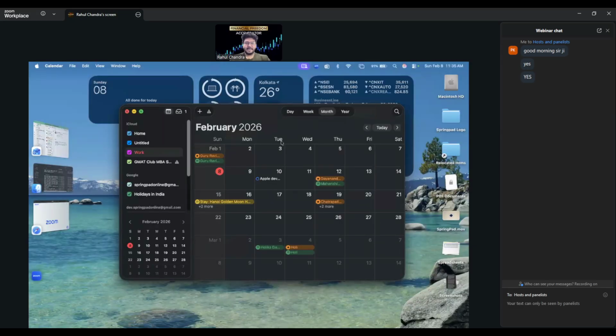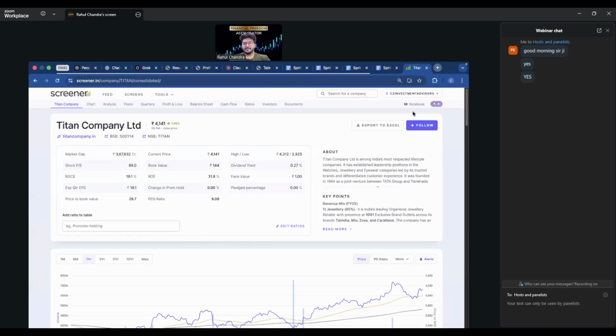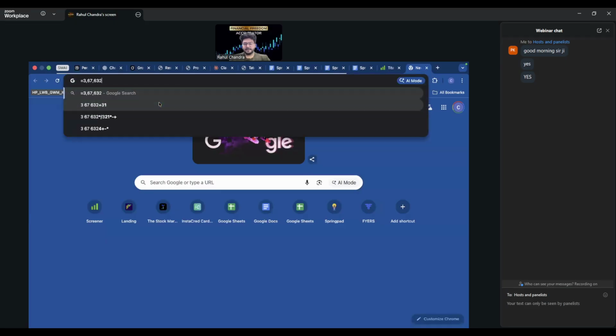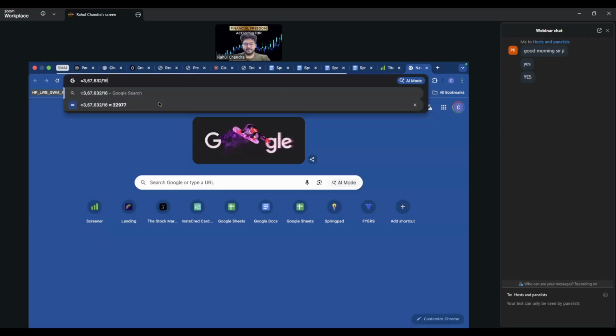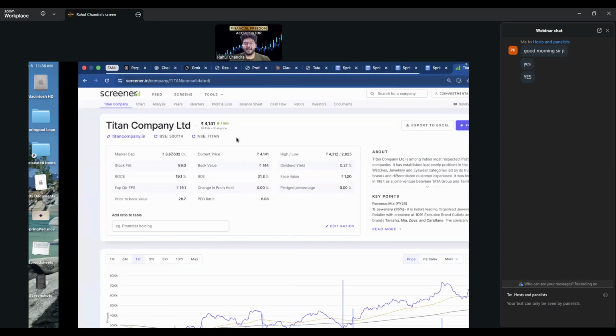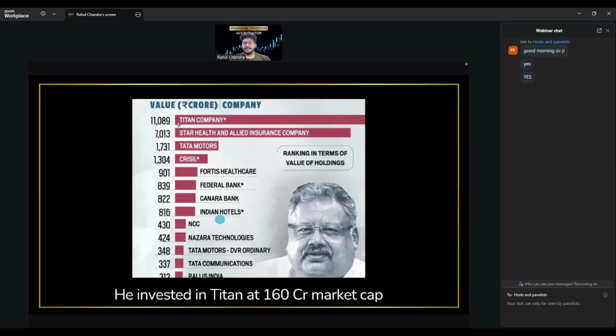Just a second. 3,63,000 crores. Near about 25. Okay. 160. It's 2,300 times. 2,300 times. And as a matter of fact, it's still the biggest component of his portfolio.